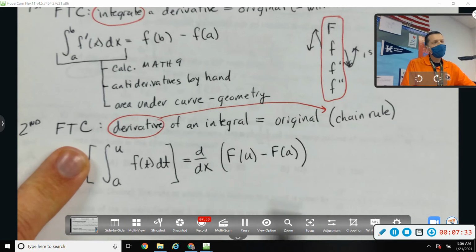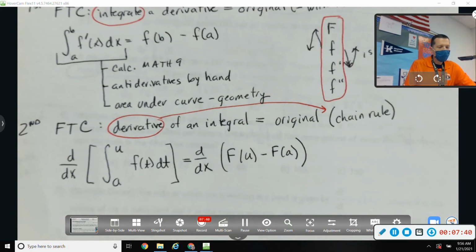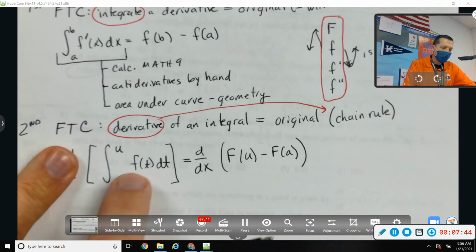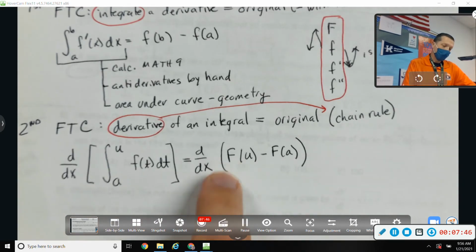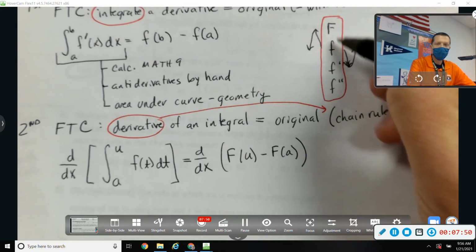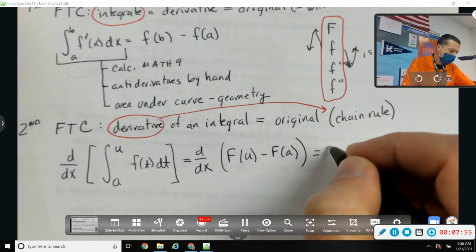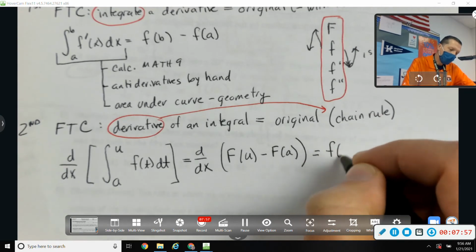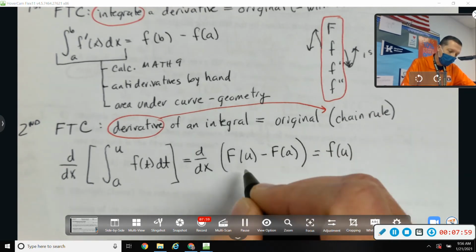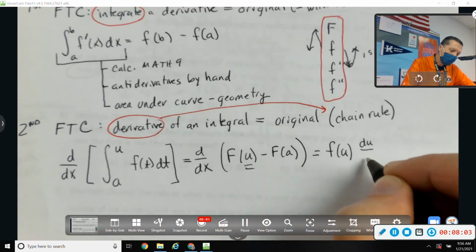But it's pronounced f of u, right? You have to include the of there so we're not in danger here. F of u minus f of a, because the integral of little f is big F. But now we're going to do the derivative of big F. Well, derivative of big F is going to be back to little f. So this is going to be f of u, but we have to chain rule off the u, so du dx.